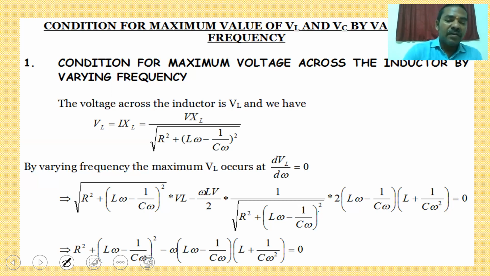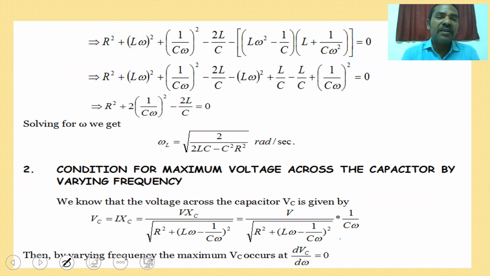So finally you are getting R square plus (L omega minus 1 by C omega) whole square minus omega into (L omega minus 1 by C omega) into (L plus 1 by C omega square). Then after going for the simplification, R square plus L omega square plus 1 by C omega square minus 2 L by C minus L omega square minus 1 by C into L plus 1 by C omega square is equal to 0.